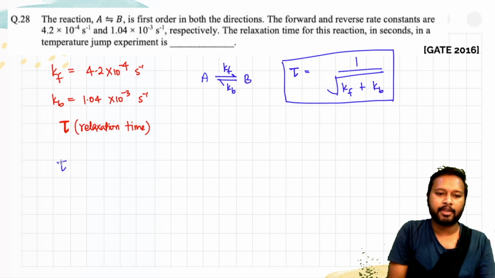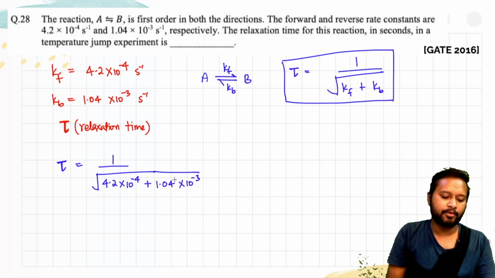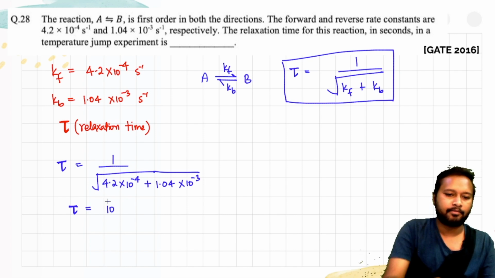So note it down if you have not noted it down yet. Now simply tau for this will be equal to 1 upon Kf plus Kb, which is 4.2 into 10 to the power minus 4 plus 1.04 into 10 to the power minus 3. Substitute all these values like we have already done and solve.